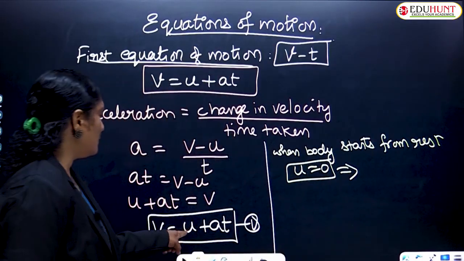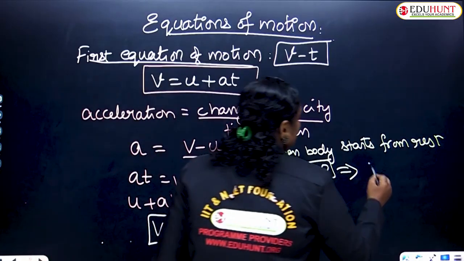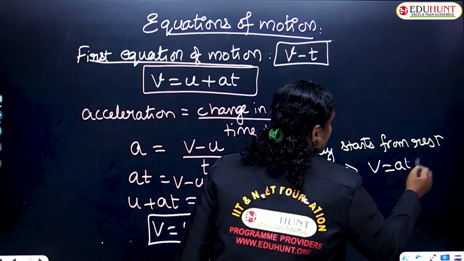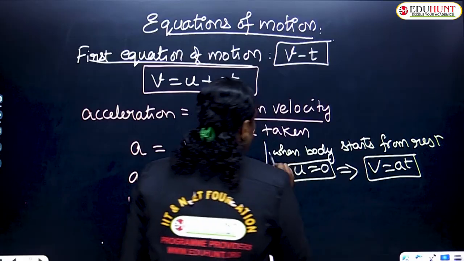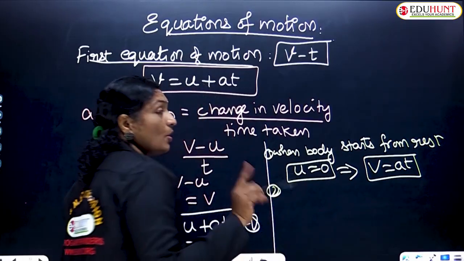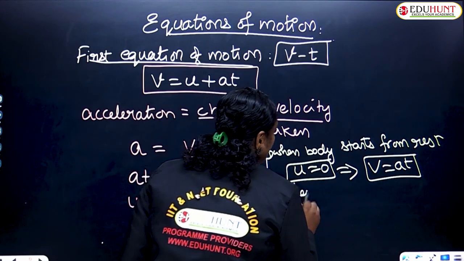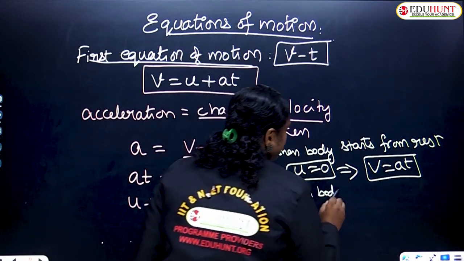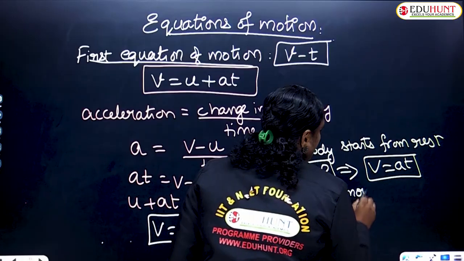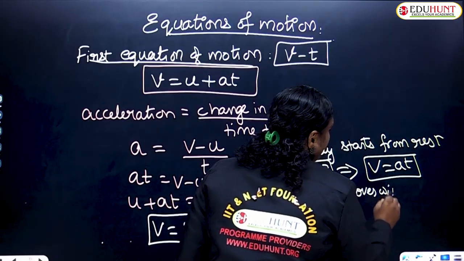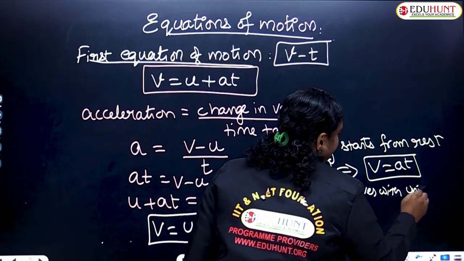So substitute u equal to 0, then your equation will turn as v is equal to at. And case 2: whenever the body moves with uniform velocity.